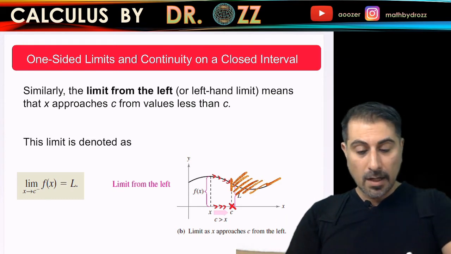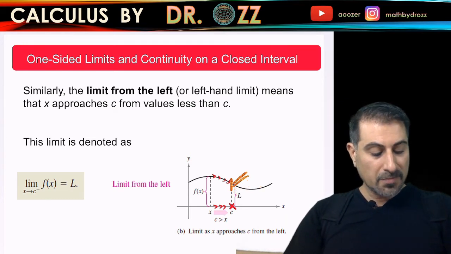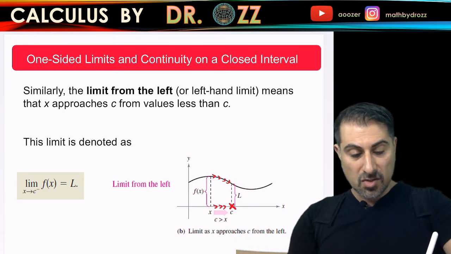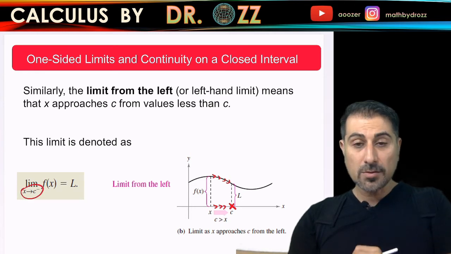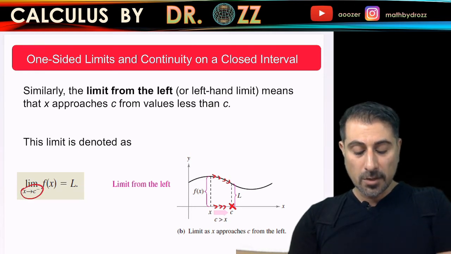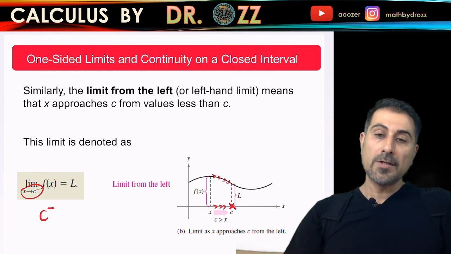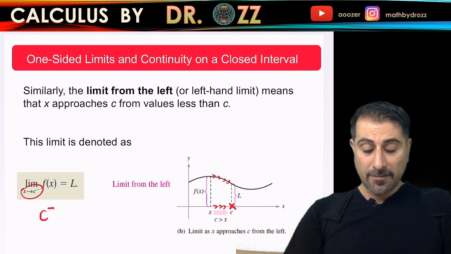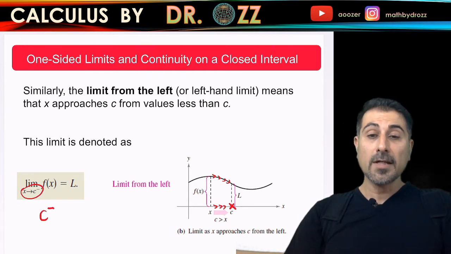And in this case, the limit value is, as you see, L. We use a specific notation for that: the minus sign in the superscript, so c minus. When you see this notation, you read it as the limit of f as x approaches c from the left is L.